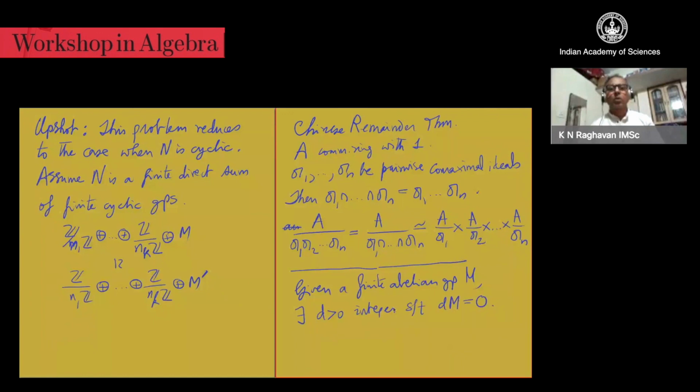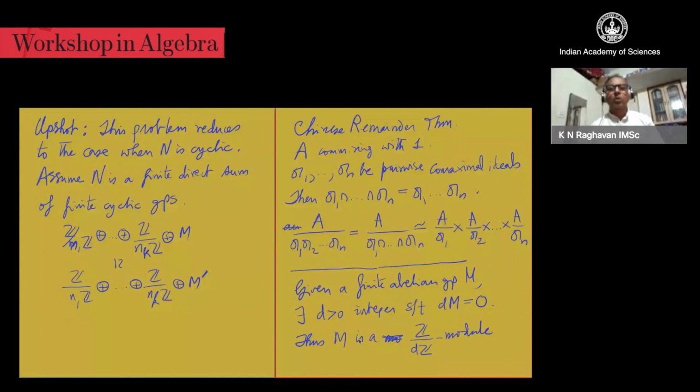Okay, so in other words, M is a module, M is a Z mod DZ module. Since D annihilates M, the structure of M as a Z module goes down to Z mod DZ.